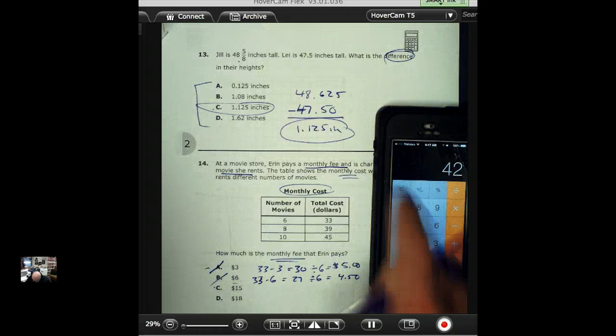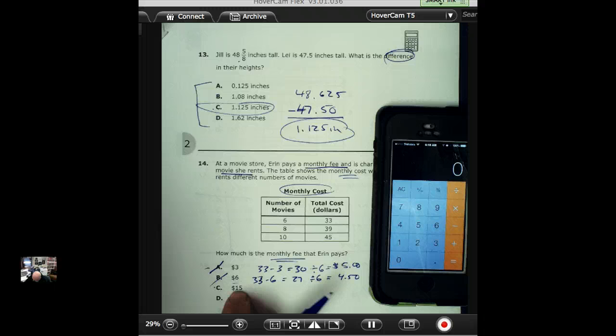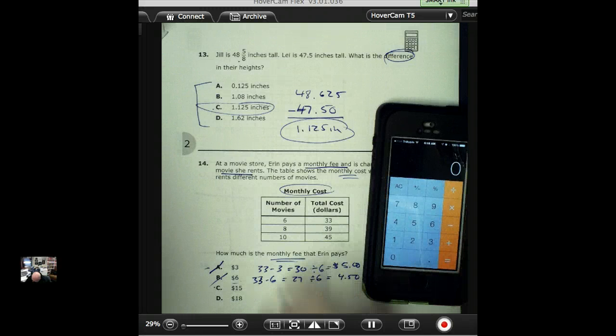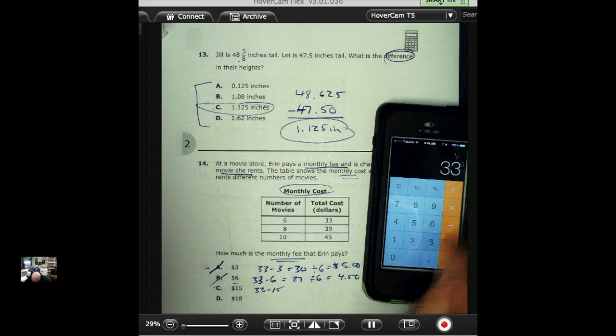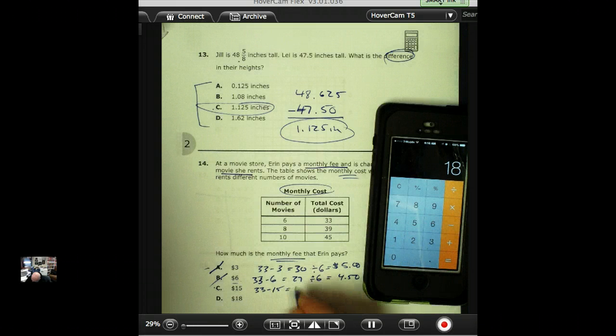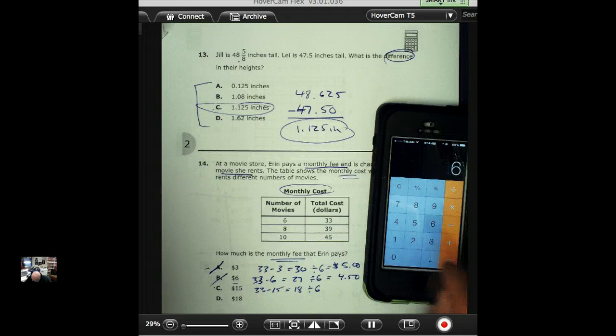So let's try the next one. Try $15. I'll take the 33 again and subtract $15 monthly fee, which gives me $18. If I divide that by the 6 movies again, that equals $3 per movie.